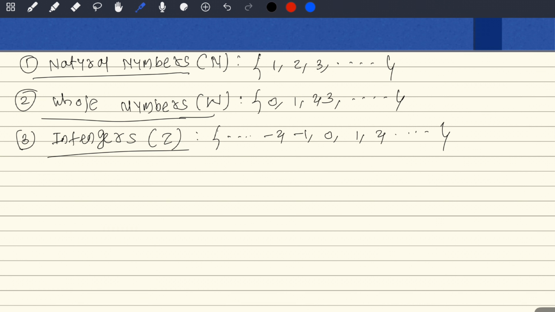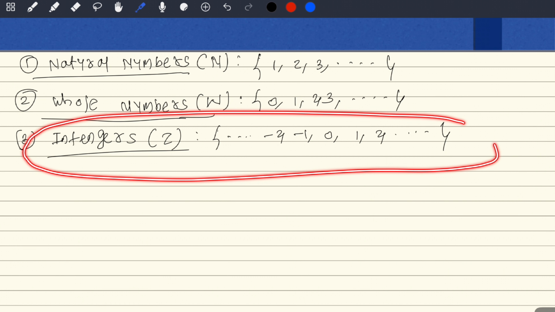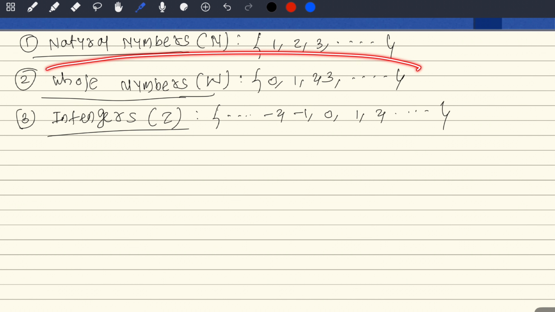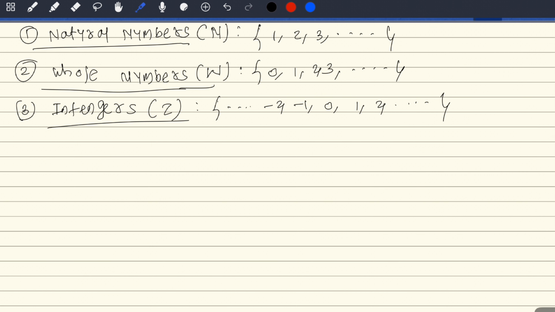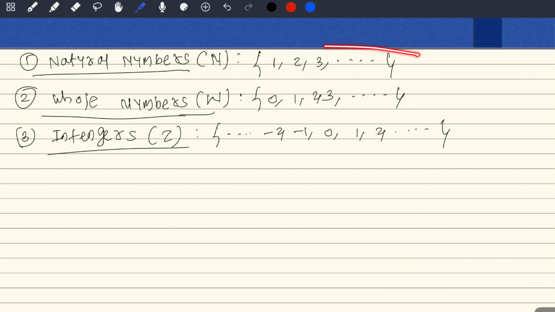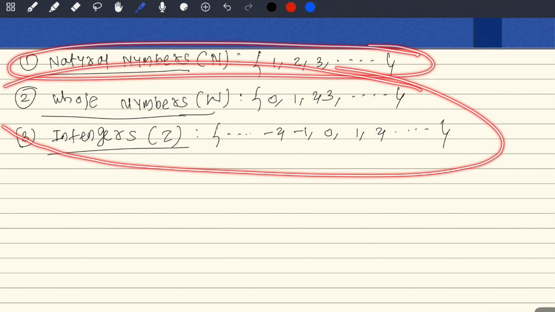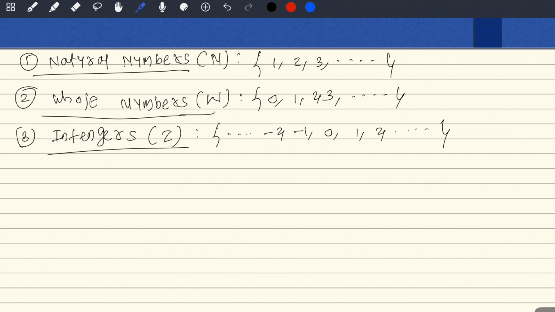You understood my question, right? Very good. It is not a single number; it is a collection of numbers. Similarly, when I talk about integers or whole numbers, I am talking about collections of numbers. So these are not single numbers, correct?